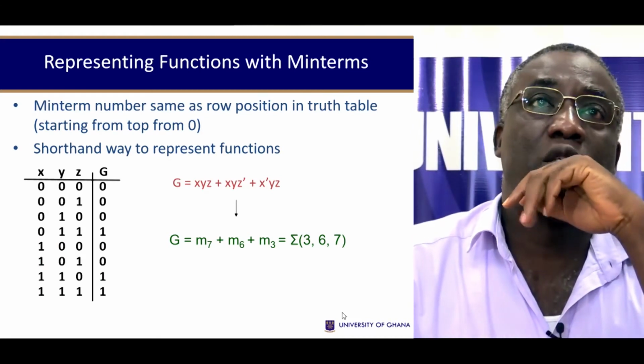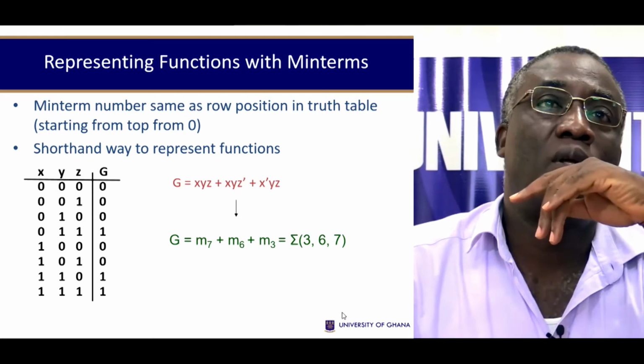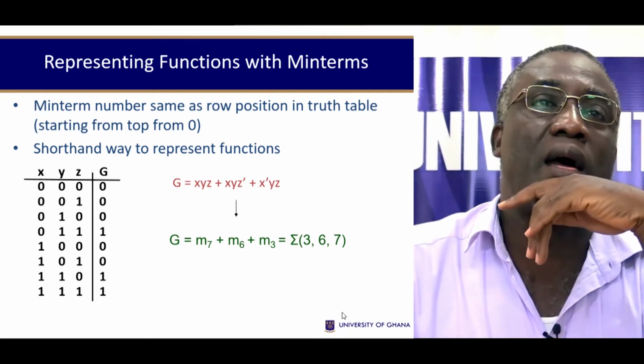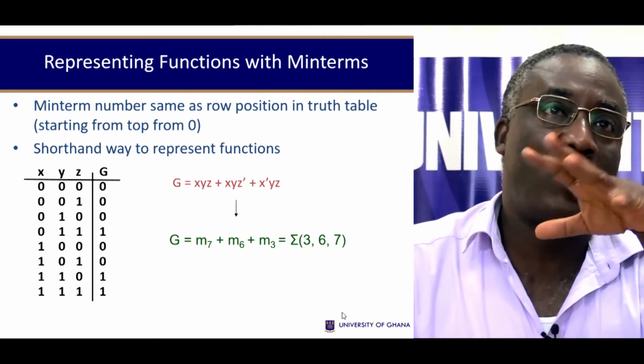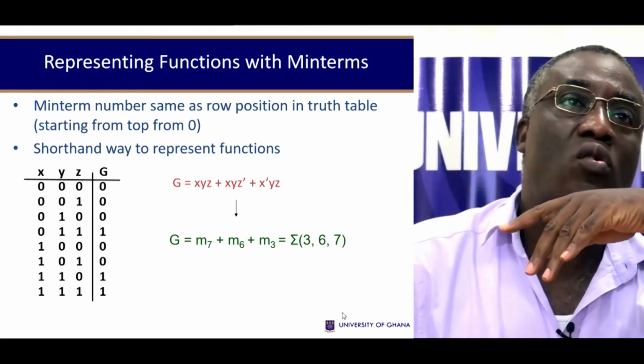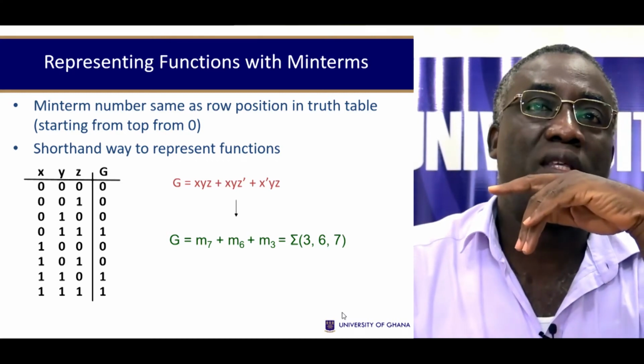How do you represent functions with min terms? So given the same function, right, you note that it's this, that, and that which are required to get an output. So you number them, that is m0, min term 0, min term 1, min term 2, min term 3, and so on up to min term 7.